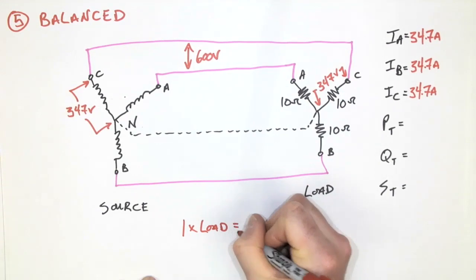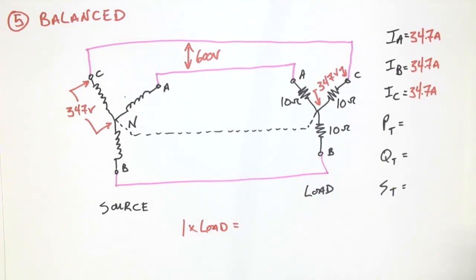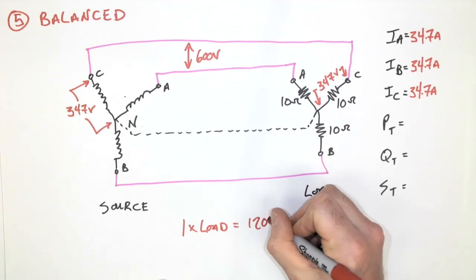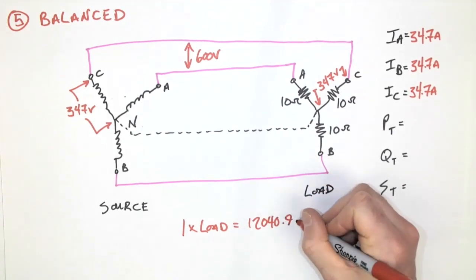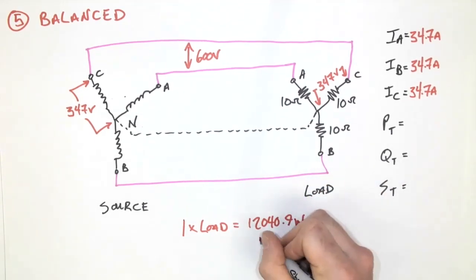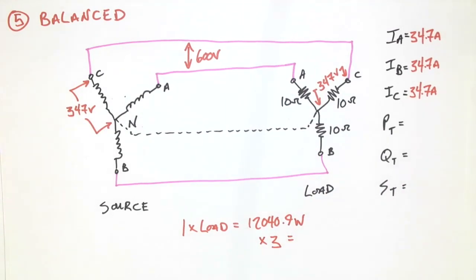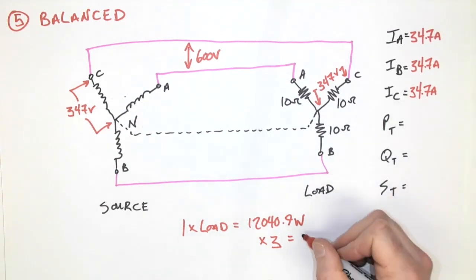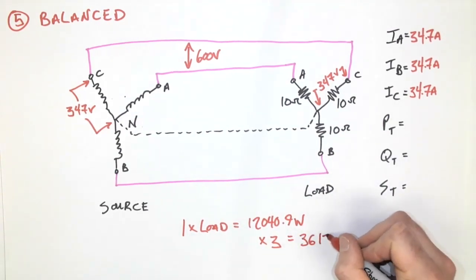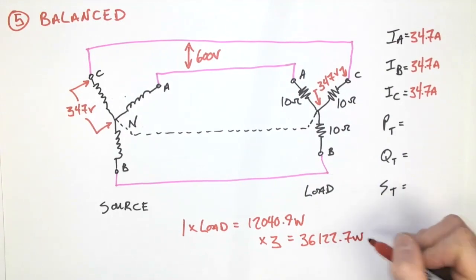So one load is going to be 347 volts times 34.7 amps, giving me 12,040.9 watts. If I multiply that by 3, that's going to give me the total of this entire arrangement. And that ends up being 36,122.7 watts.